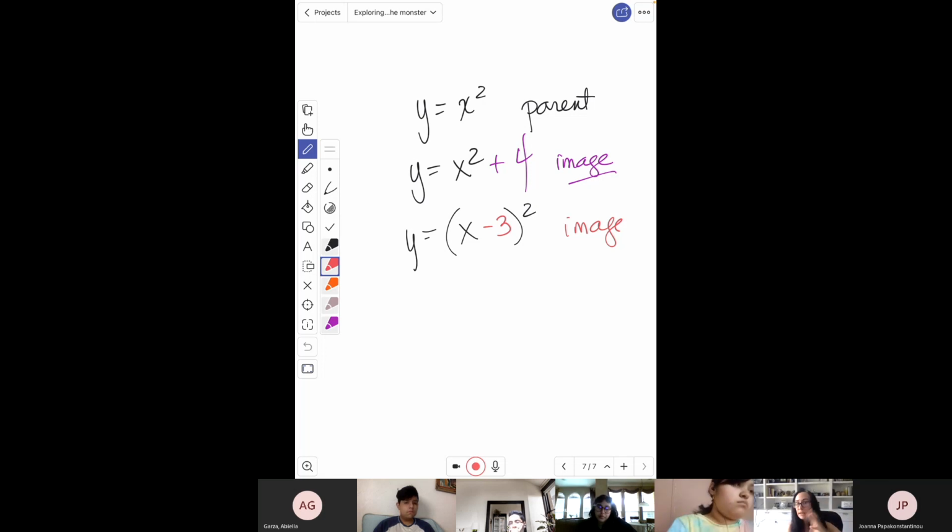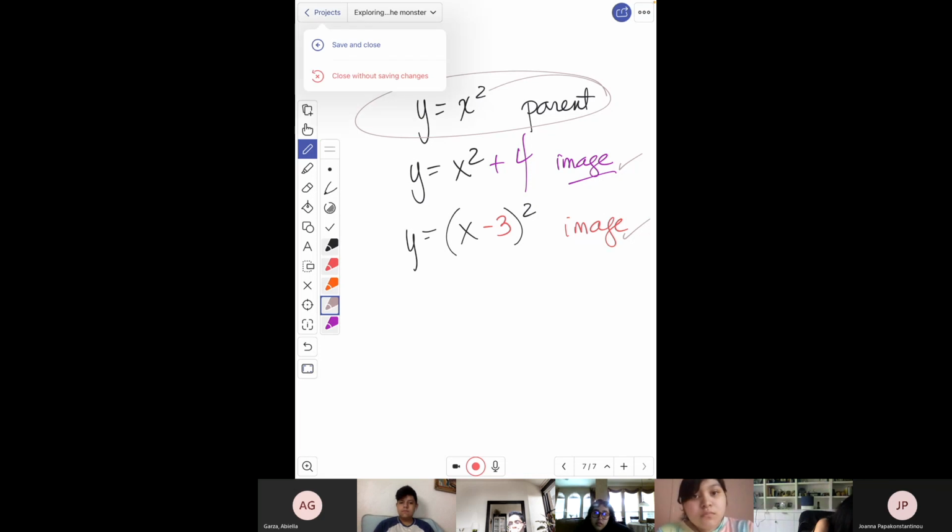So you should immediately be able to look at any equation and first of all, tell me what the parent is underlying it, and then be able to describe the transformations that yield the image function. Okay, so we will start with a game with that tomorrow.